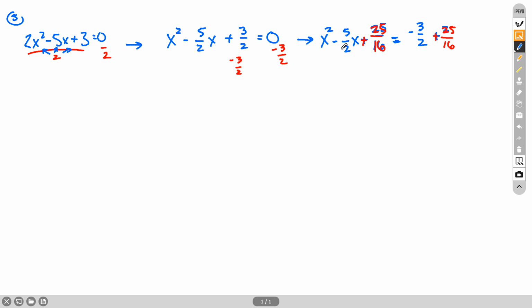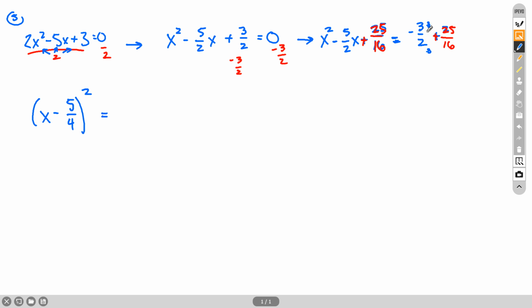Alright, so that will cause the left side to factor into a perfect square. So the left side is x minus 5 over 4 squared, right? And then for the right side, we're going to have negative 3 halves plus 25 over 16, which means we need a common denominator, which is 16.